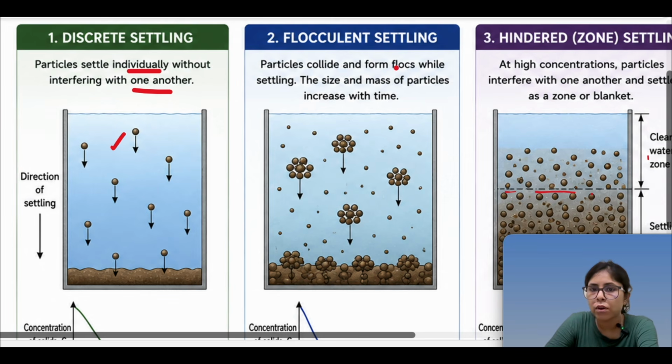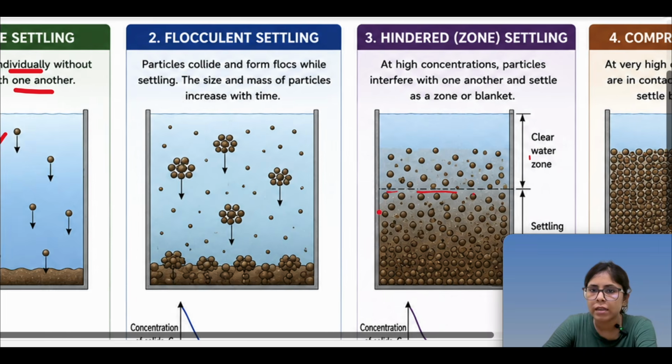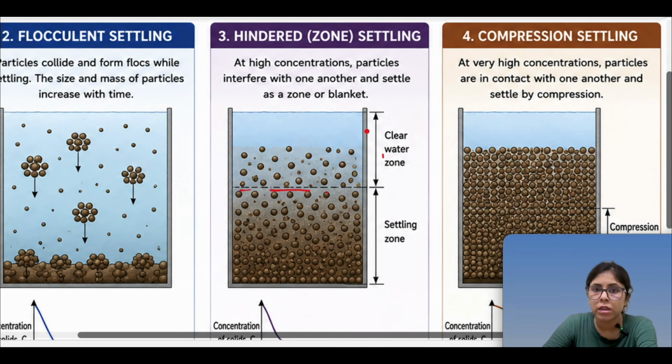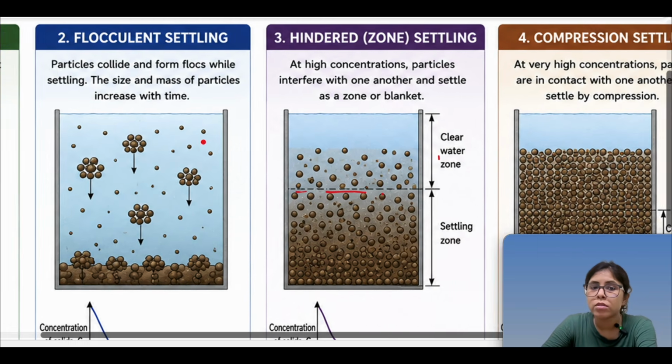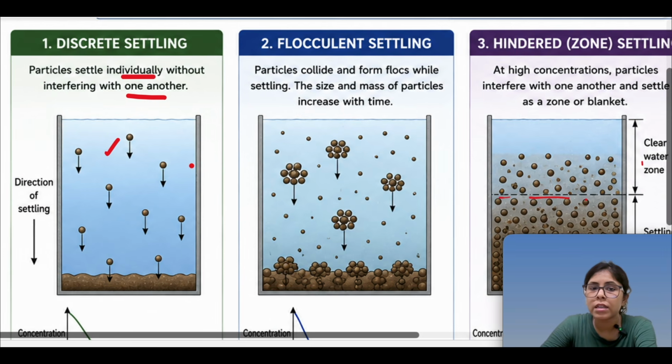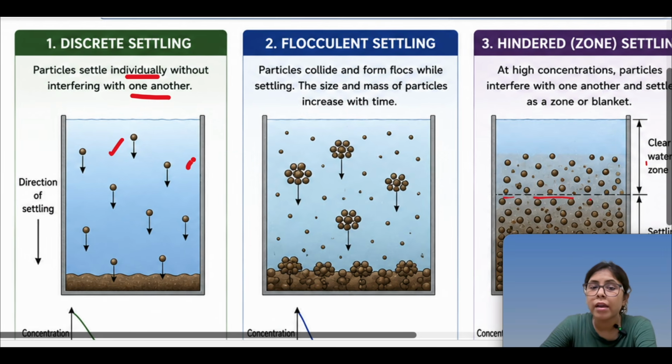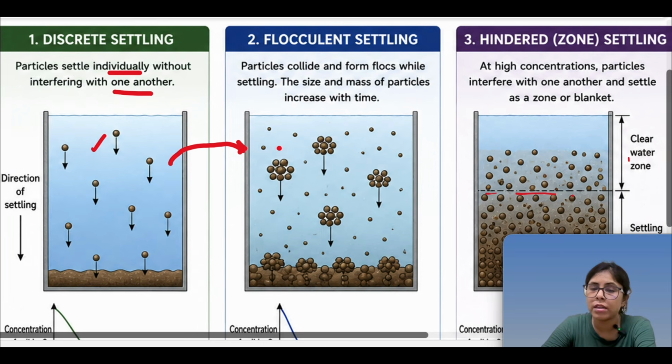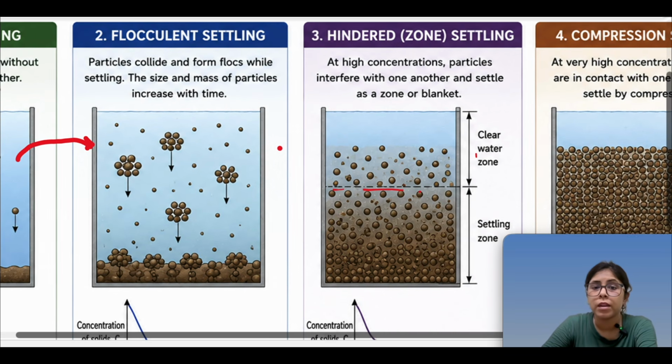Then we have flocculent settling. Particles will make flocks, a bigger size particle, and then they will come down. Flocculent settling happens when the concentration becomes higher than in discrete settling. Then we have hindered or zone settling.